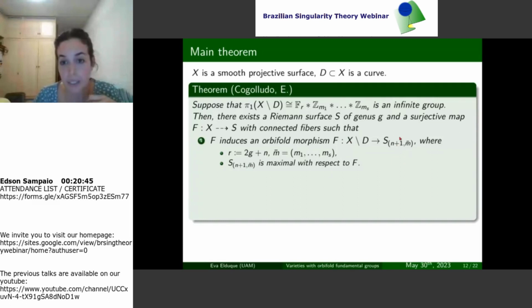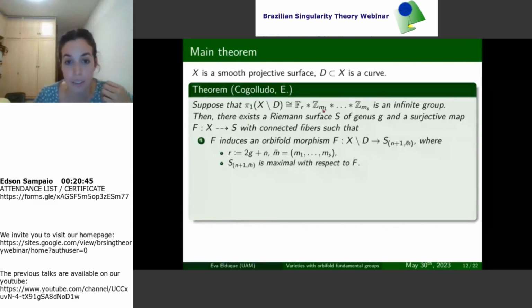But the extra data is going to have to do with the fundamental group. So the R in the fundamental group is related to the genus and the number of points of multiplicity 0, which is n+1.